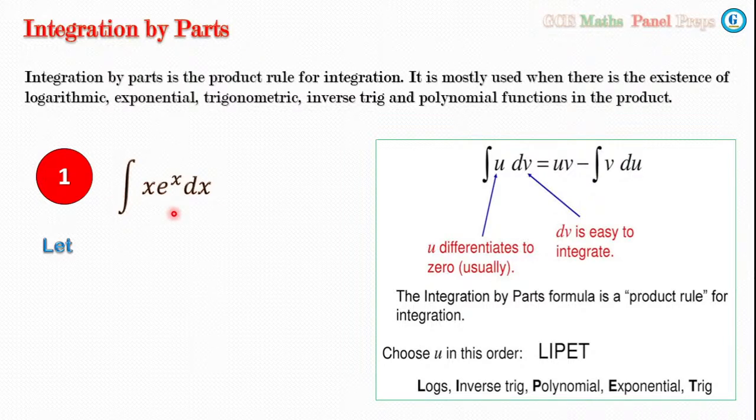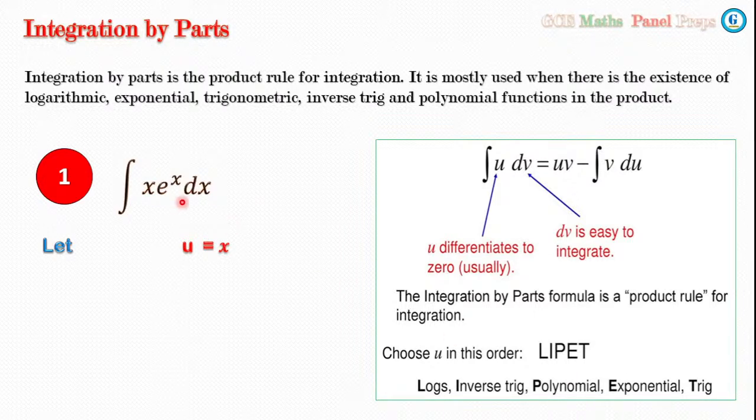So here we start by letting u be equal to x. We have looked at logarithmic, there is no logarithmic here. Inverse trigonometric, there is none. Next one is polynomial. Is there a polynomial? Yes, x is a polynomial. x falls under polynomials before exponential.